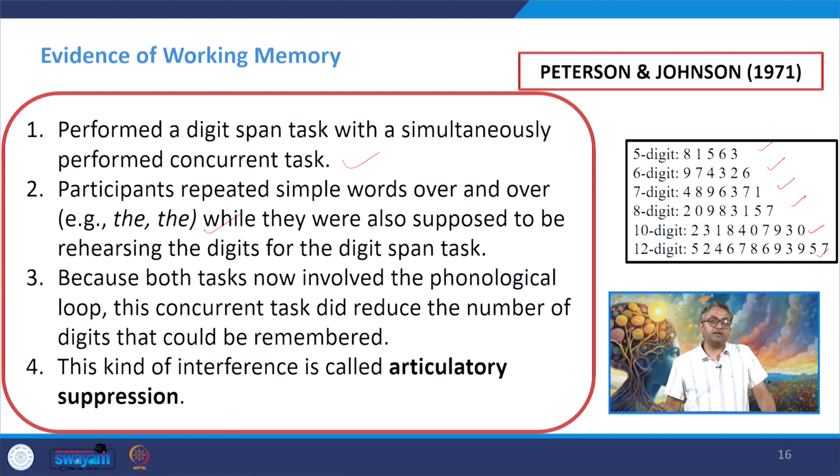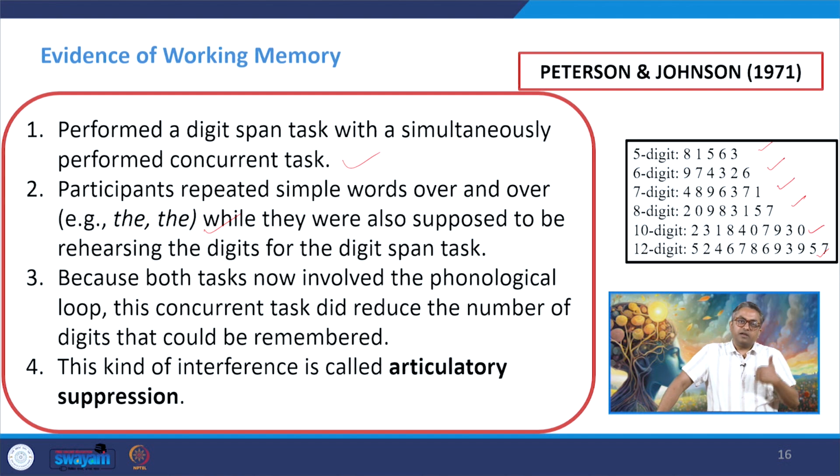So the digit span task is a very simple task, however, when they are executing the two tasks, the repetition of a simple word like "the" should not interfere with the digit span task, and that is the whole purpose of this experiment.